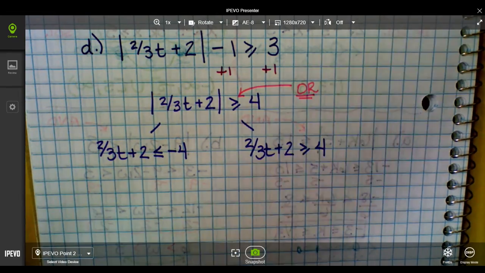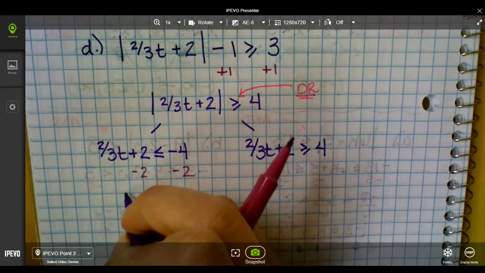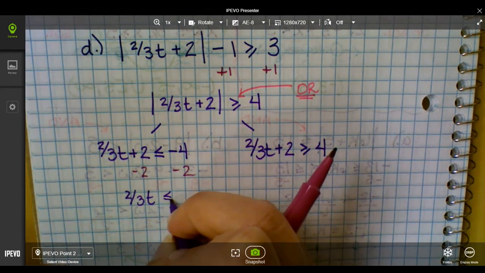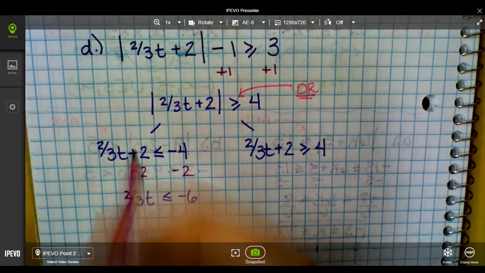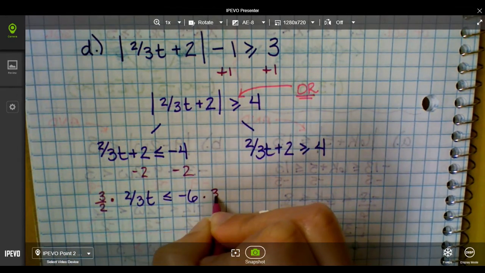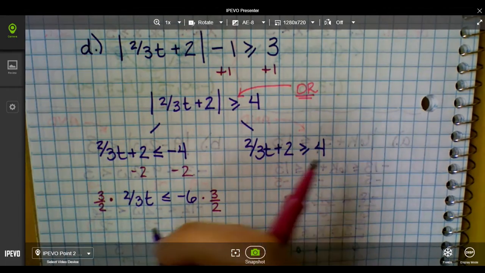Okay, let's go and solve these. So we're going to subtract the 2. 2/3 t is less than or equal to negative 6. And then I'm going to multiply by the reciprocal, so 3/2. I am not multiplying or dividing by a negative, so everything gets to stay the same.